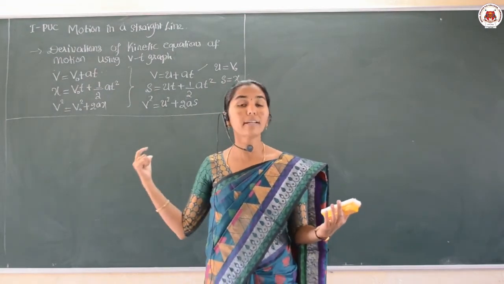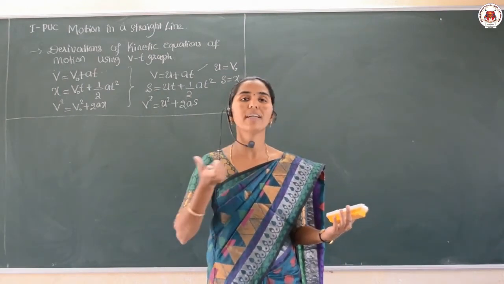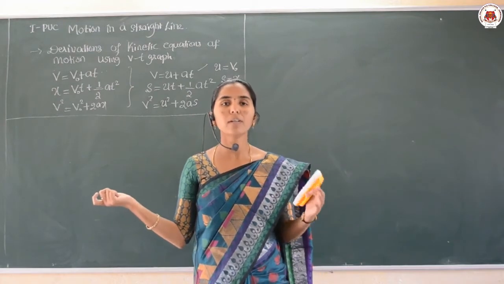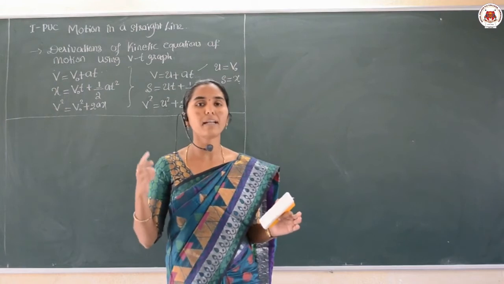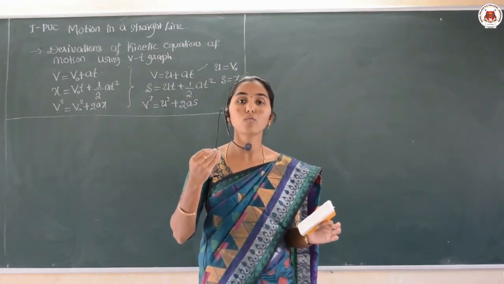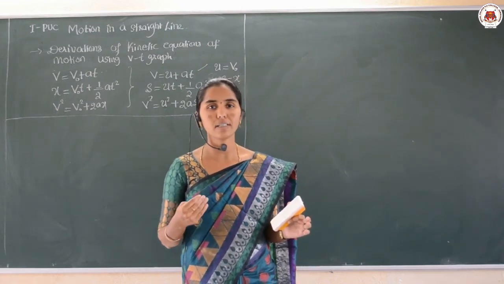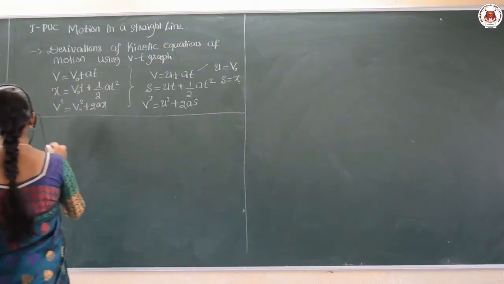Everything in the derivation is based on the diagram only. Therefore, you must practice the diagram here, that carries 1 mark, and the remaining 4 marks will be allotted for the different steps involved in the derivation. Then let me explain the derivation.